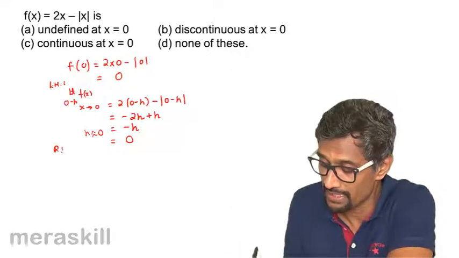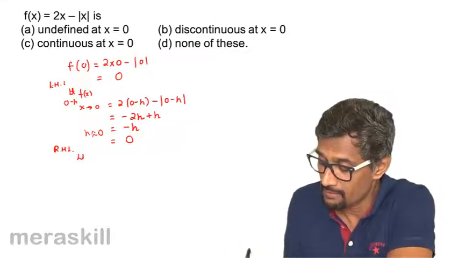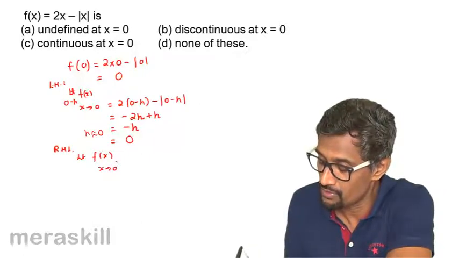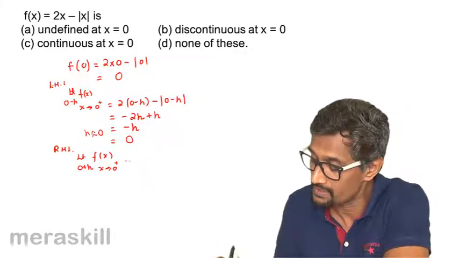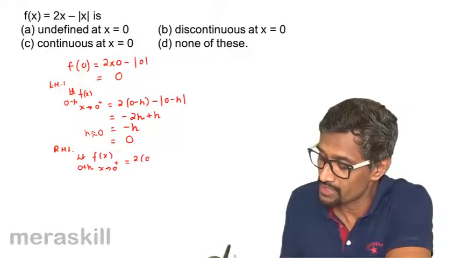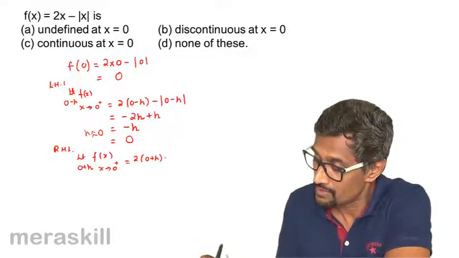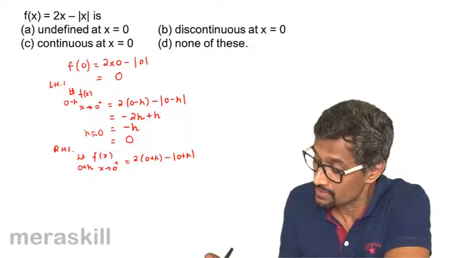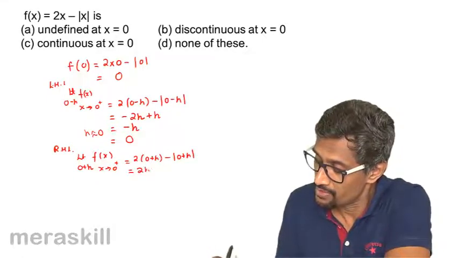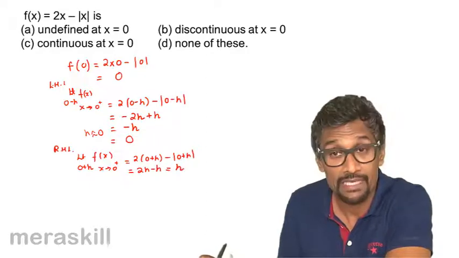Now let's see what the right-hand limit is. Limit of f of x as x approaches 0 plus, that is, substitute x as 0 plus h. We get 2 into 0 plus h minus the absolute value of 0 plus h. So this turns out to be 2h minus h, which is h.